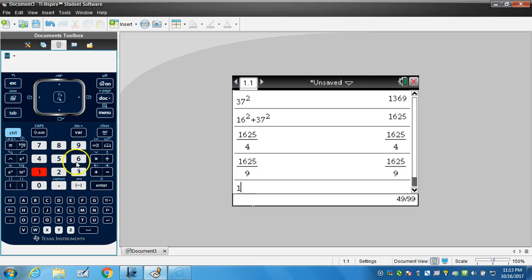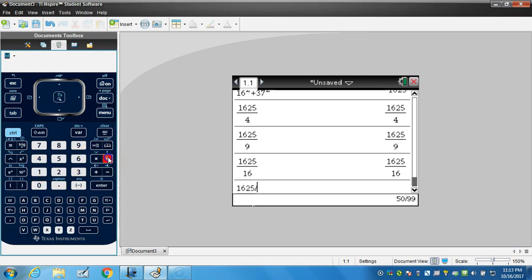No. 1625 divided by 16? Getting ahead of myself. No. 1625 divided by 25. Yes. And then real quick, 65. Can you divide 65 by 4 or 9 or 16? No. So you're done. 65 is a good number to have.